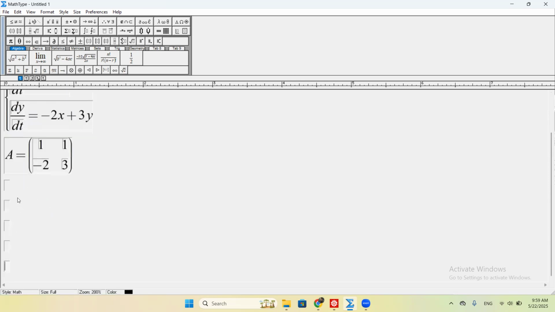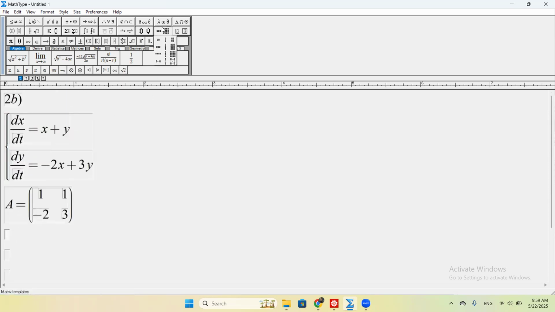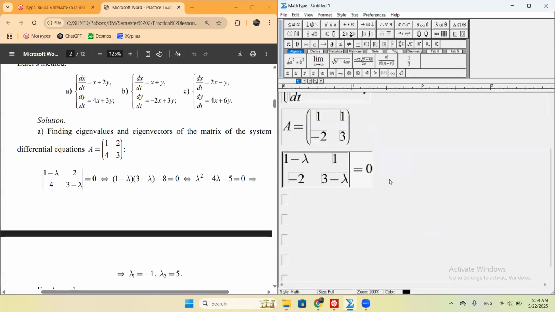Now writing down the characteristic equation. One minus lambda and 3 minus lambda, and it equals 0. Actually, we will not solve this equation in detail.